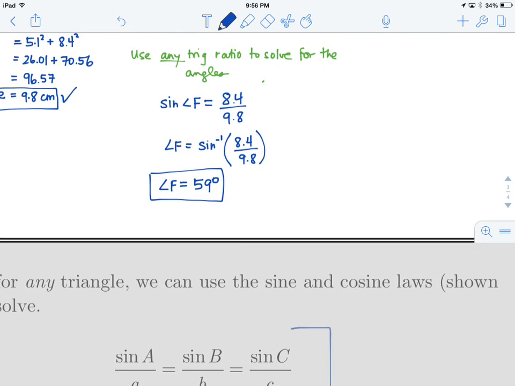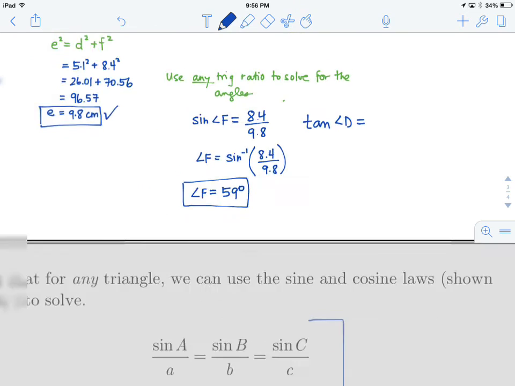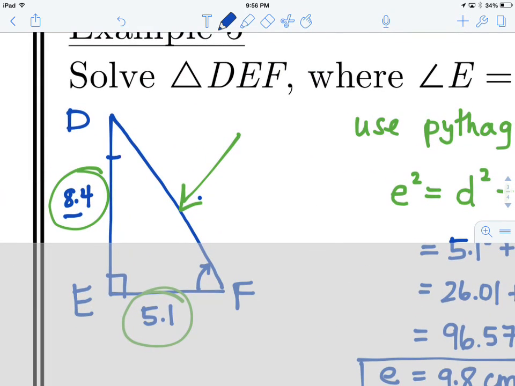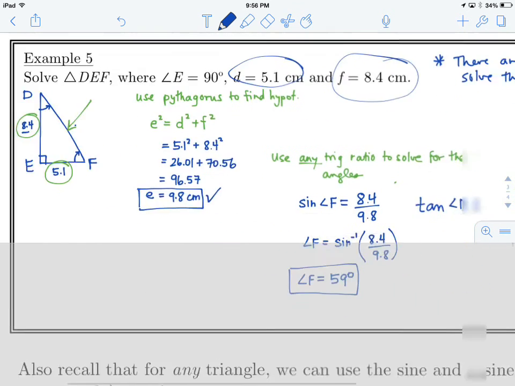And of course now, last but not least, I'm going to use the tan ratio. Tan of the angle D is equal to, and let's come over here and take a look. Here's angle D. This is what I'm talking about. So for this trig ratio, opposite over adjacent, that's what tan is. So I've got 5.1 over 8.4.